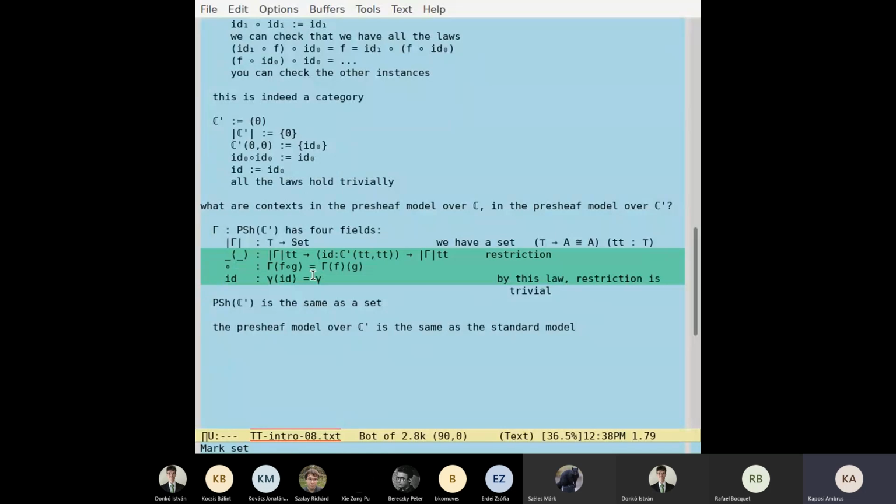Like if you have a function and you know that it is the identity function, it's as if you didn't have any function, right? And in this sense, this presheaf model is the same as the standard model. But okay, maybe this example is a bit trivial, but ask any questions if something is not clear.